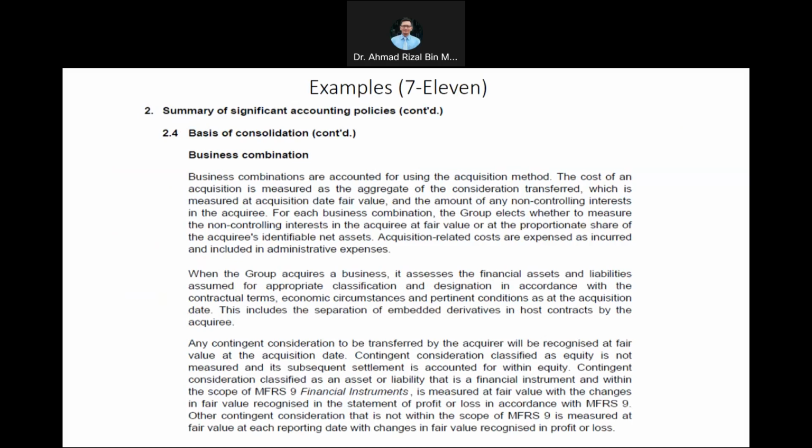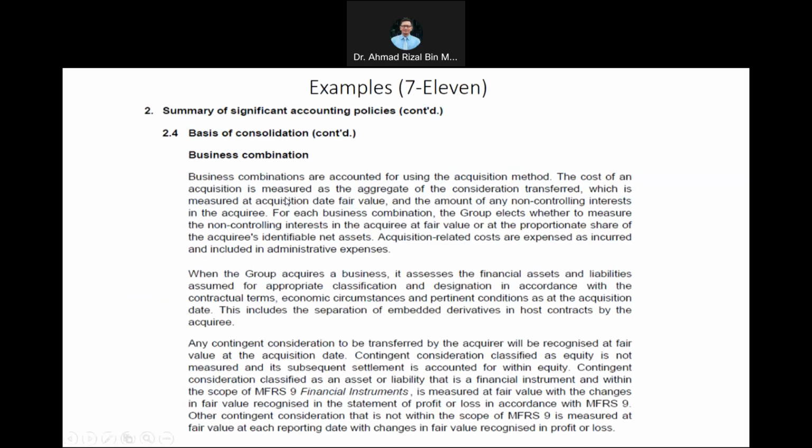This company is 7-Eleven, so it has many subsidiaries. When aggregating the figures, you must have a basis, a method that you follow in order to come up with this consolidated statement.